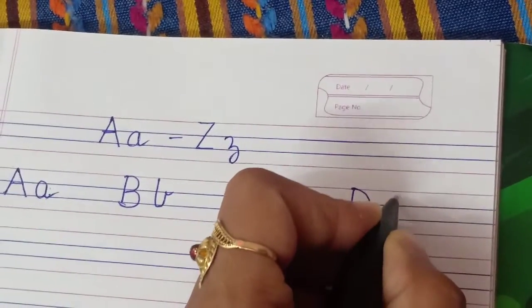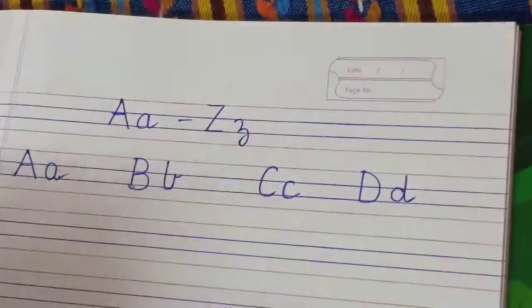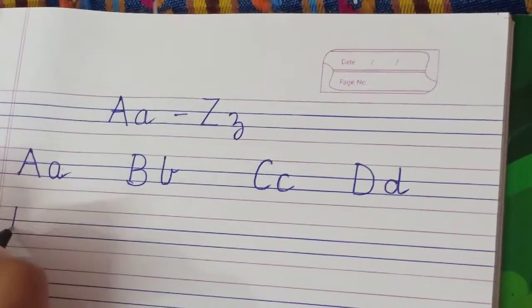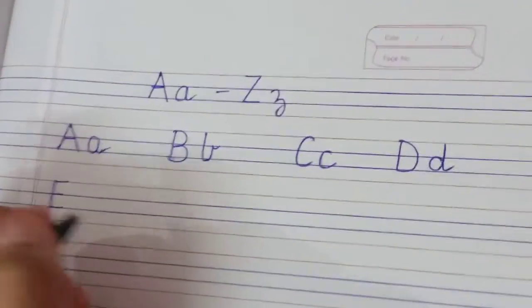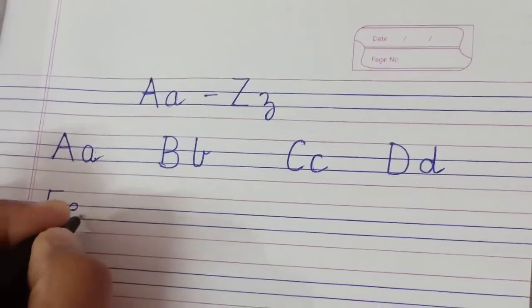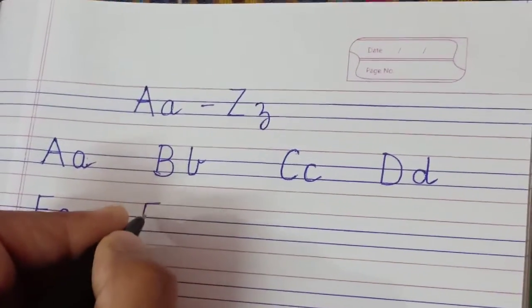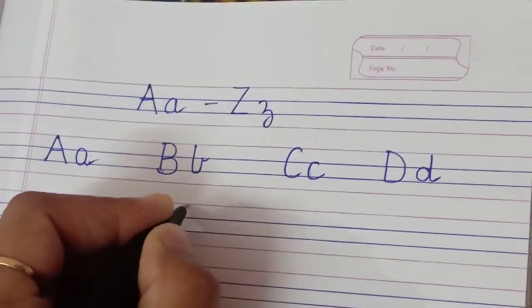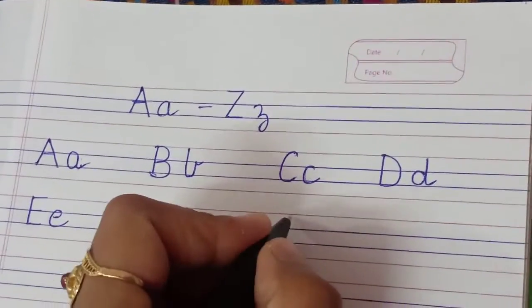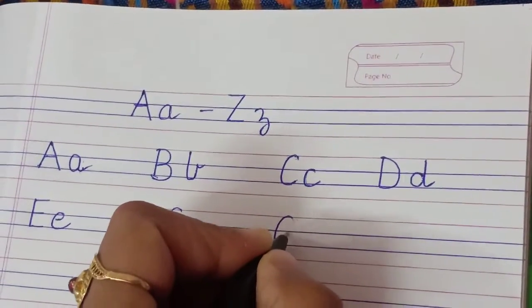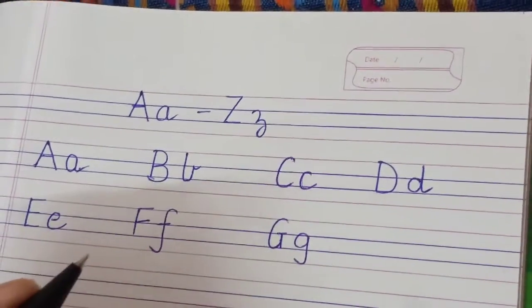D capital, small. Okay. Now comes E. Capital E, small. F capital, F small. G capital, G small.